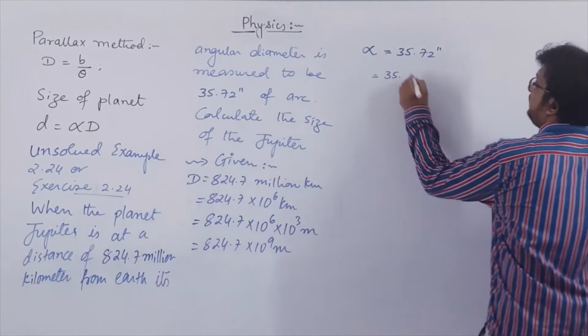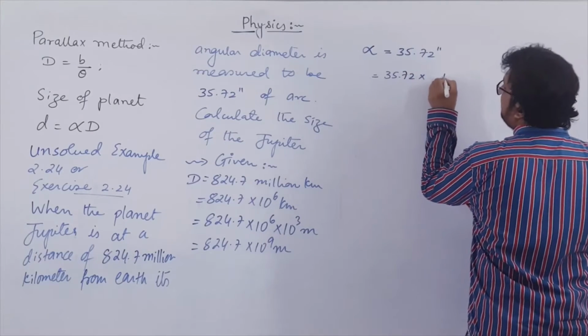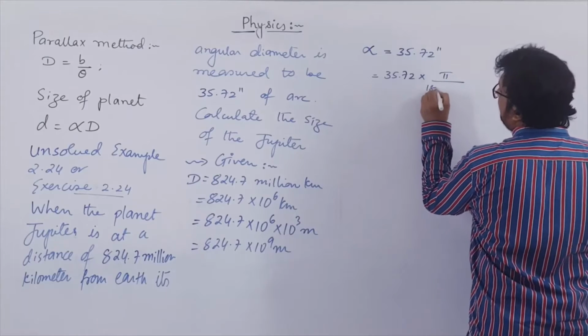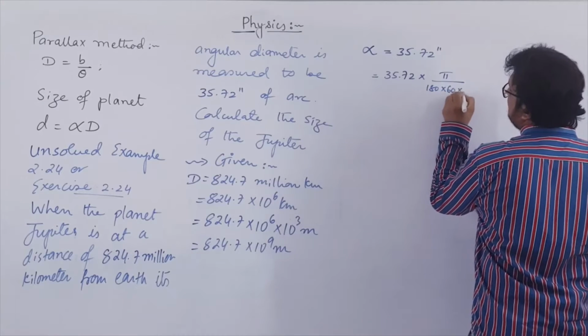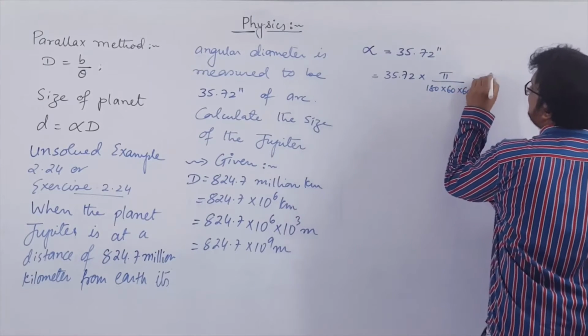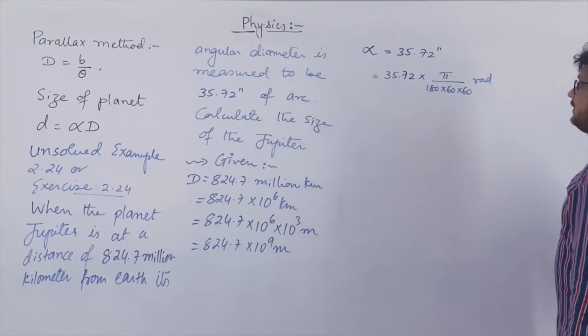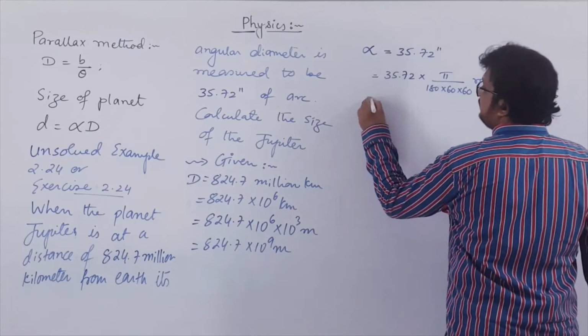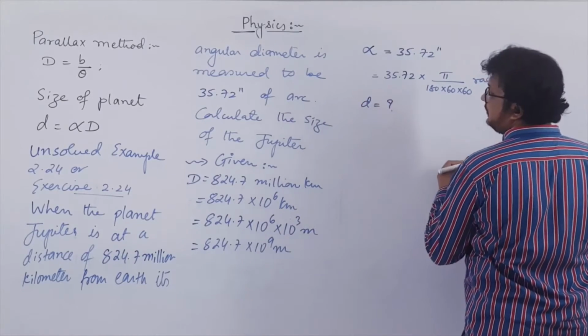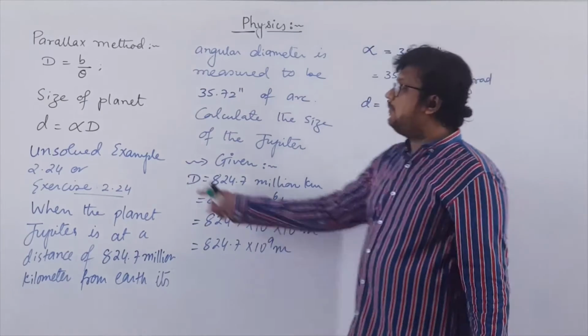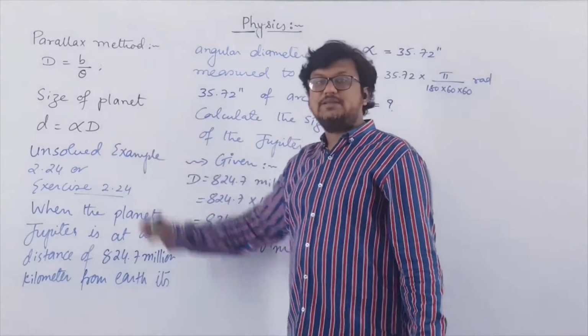So 35.72 into pi by 180 into 60 into 60 radian. This is how we will convert second into radian. And we have to find the size of Jupiter, so directly we can use the formula for measuring the size of the planet.